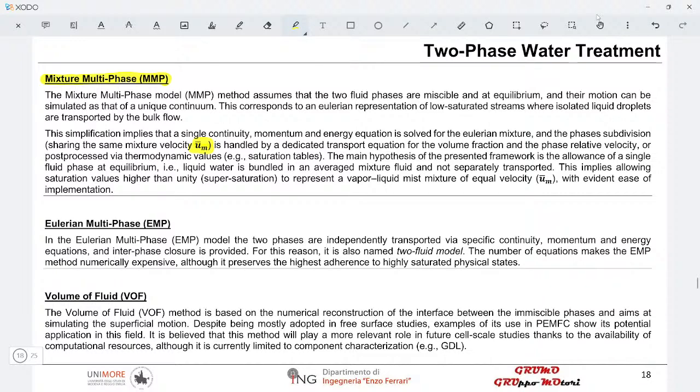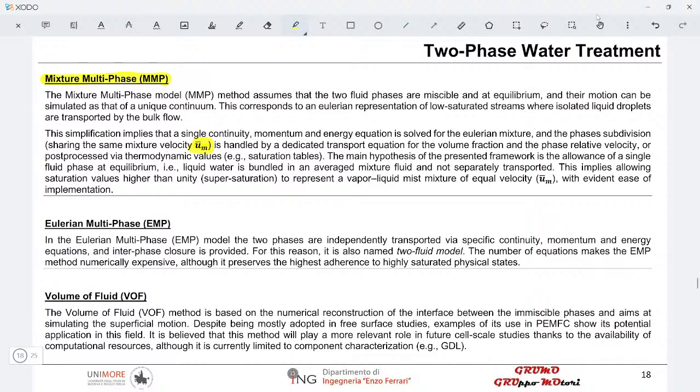Okay, and again, this is usually carried out based on the volume fraction, but consider that if you talk about water in vapor and in liquid phase, even if the volume fraction of the liquid phase is very reduced, so yes, you have these finely dispersed liquids, the density of those liquids is approximately 1,000 times more than the vapor phase. So even if when we talk about volume fraction, these are negligible, so they occupy a very small volume, the mass contained in that very small volume might be absolutely relevant because the density of the liquid is much higher.